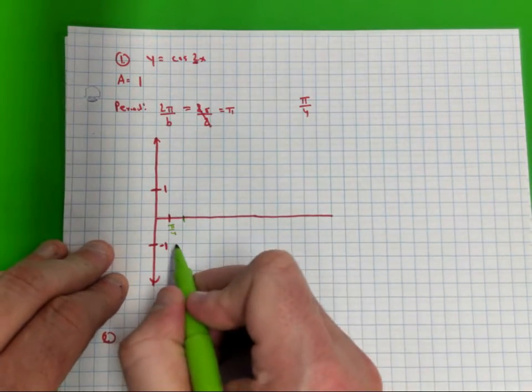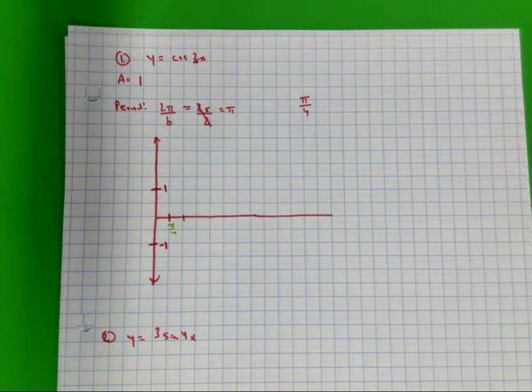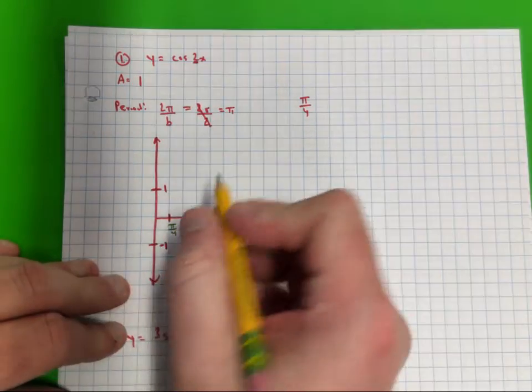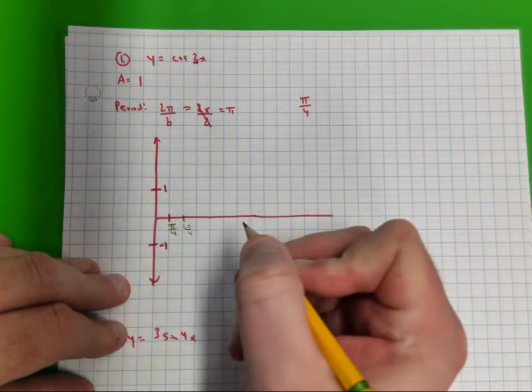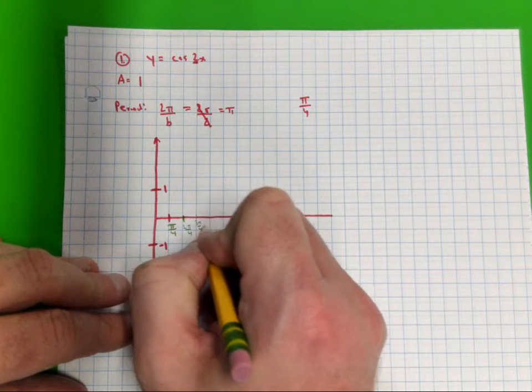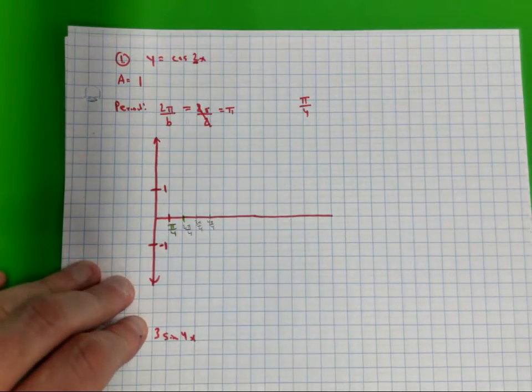So if I got 1 pi over 4, let me get a pencil for this. This is 1 pi over 4. I'm going to increase by pi over 4, so that's 2 pi over 4, 3 pi over 4, 4 pi over 4.